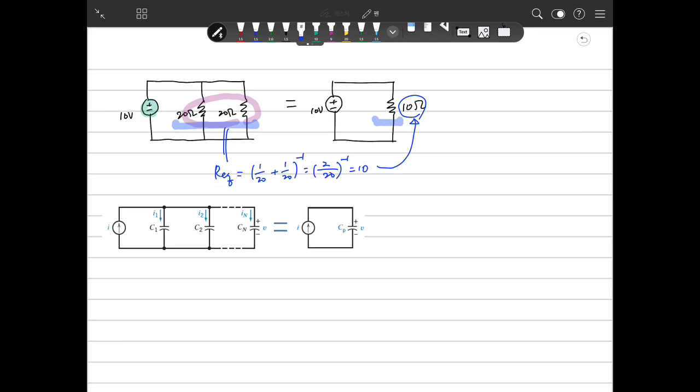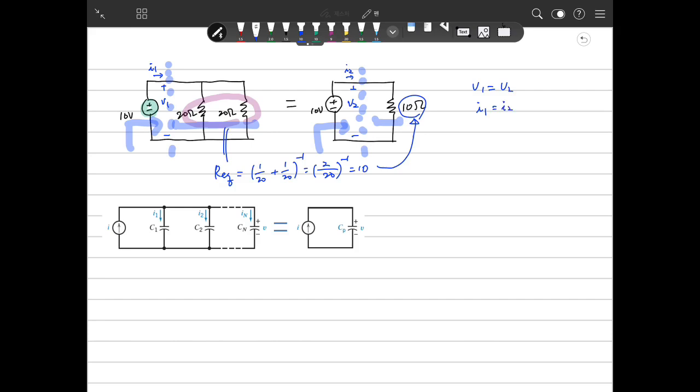The voltage here and this current, and the voltage here and this current: this voltage V1 and V2, and V1 is equal to V2, and this is I1 and I2, and I1 equal to I2.